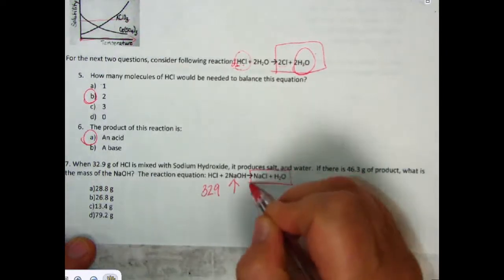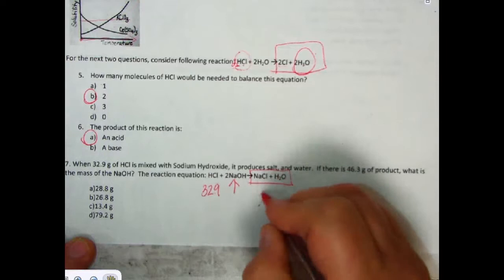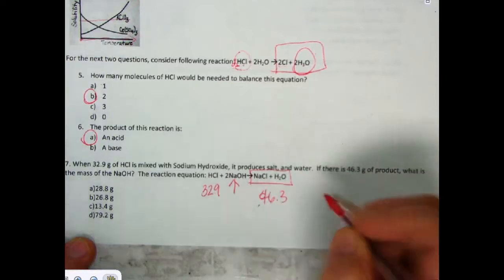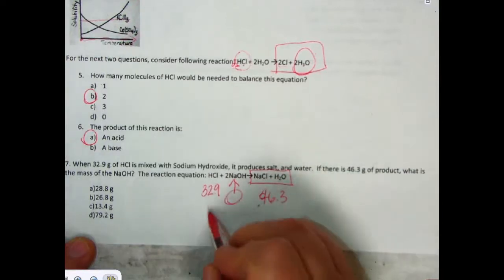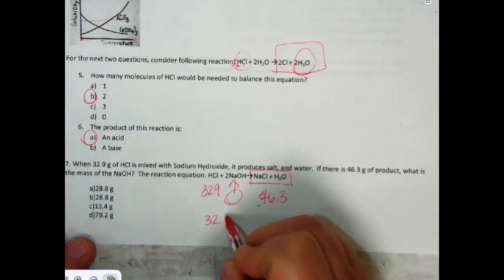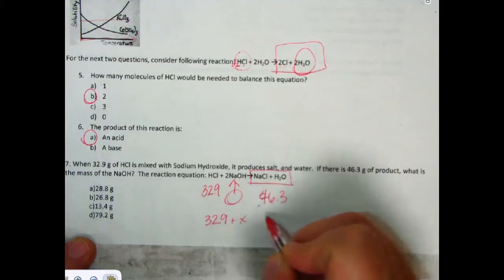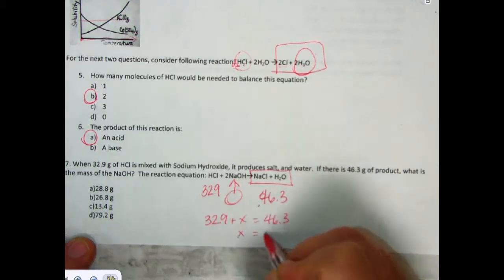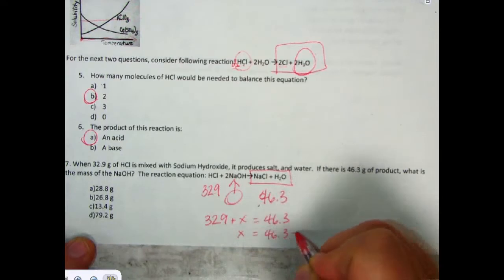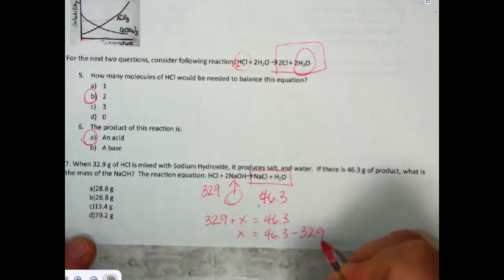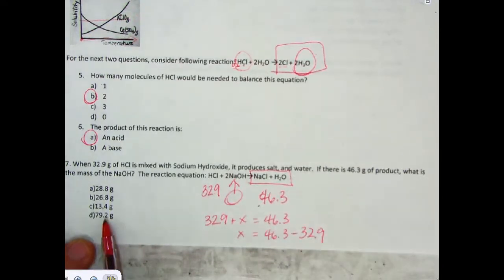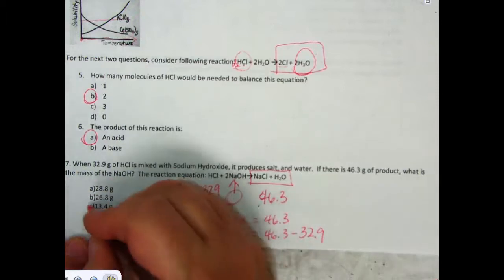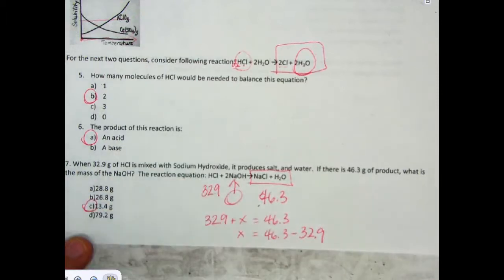So 32.9 plus x equals 46.3. X equals 46.3 take away 32.9. And you can probably just do the mental math and see that it would be C, 13.4. That's the law of conservation of mass.